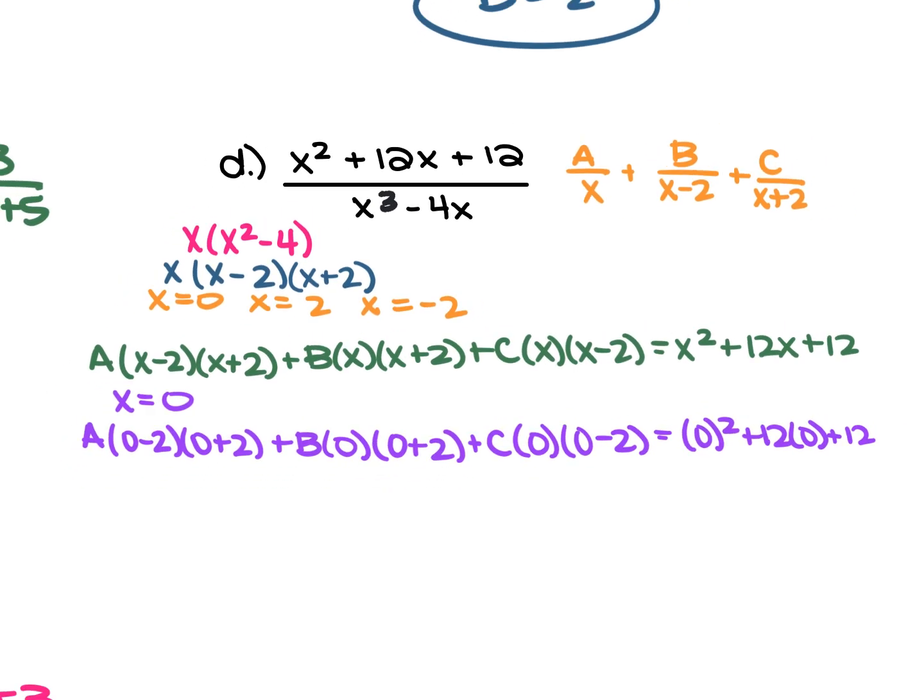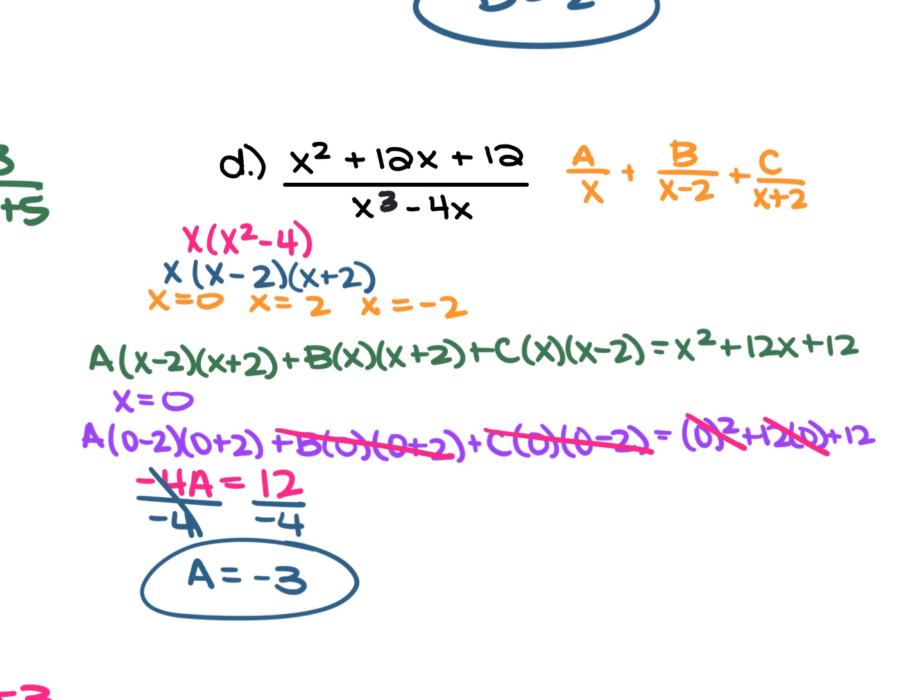Now this simplifies to negative 2 times 2, which is negative 4a, plus b times 0, that cancels out b, c times 0 cancels out c. Your 0 squared cancels, your 12 times 0 cancels. And then this is equal to just the 12. So divide over the negative 4 to get what a is equal to, and you have that a is equal to negative 3.